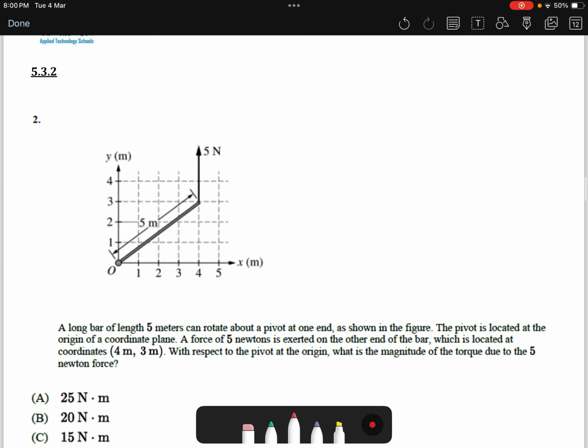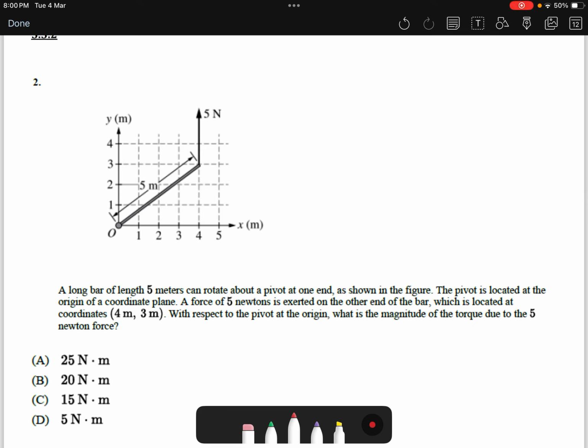Now, for topic 3, question number 2. Read the question, please. So, what is the magnitude of the torque due to the 5 Newton force? We need to find the magnitude of the torque. We know that tau, the torque, equals R perpendicular times force.